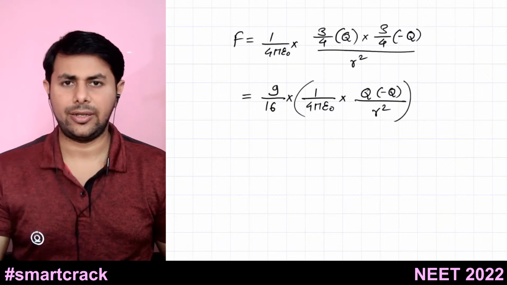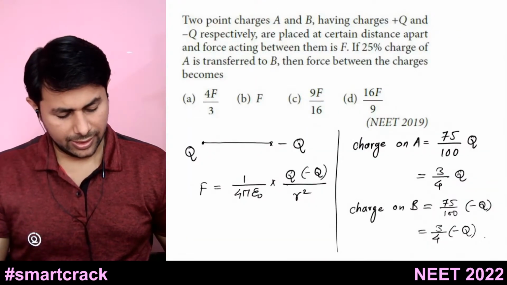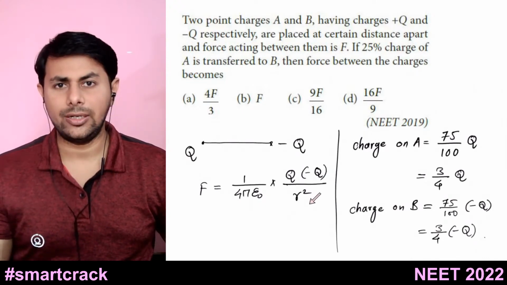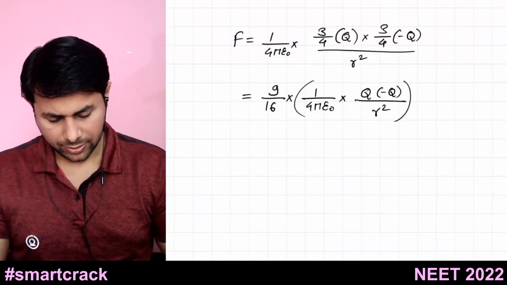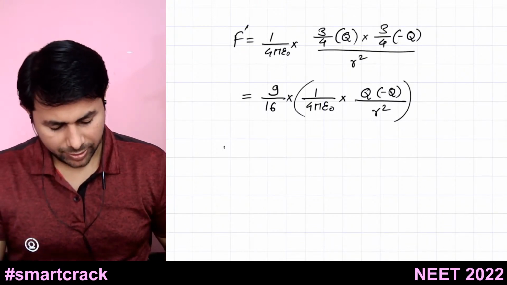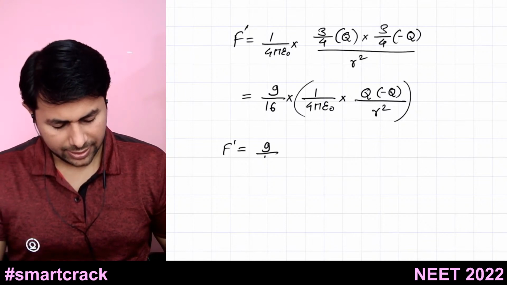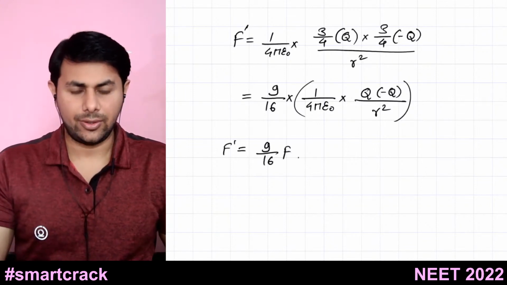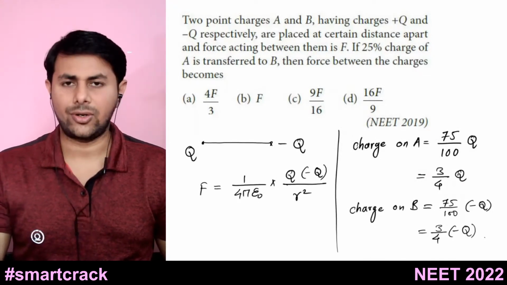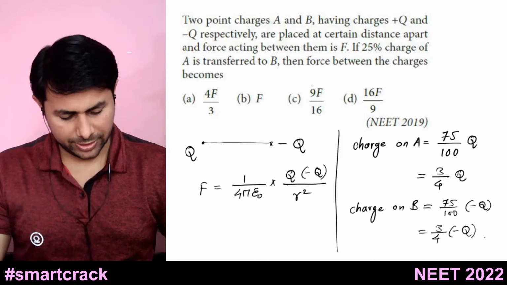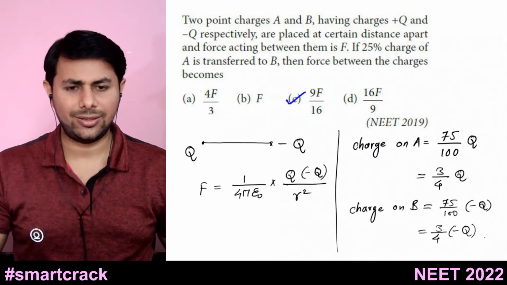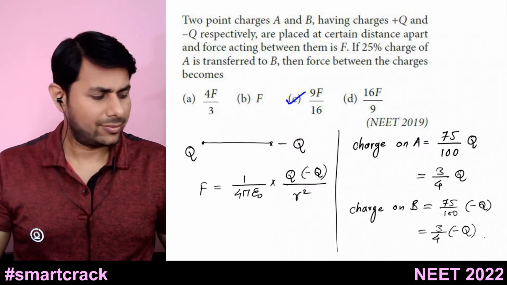This is F, the force in the earlier case, right? 1 over 4 pi epsilon naught into q into minus q over r square. So let's say the force afterwards becomes F prime. So F prime equals what? It is 9 by 16 times F. So 9 by 16 times F is the answer. Option C. So is it clear? Yes.